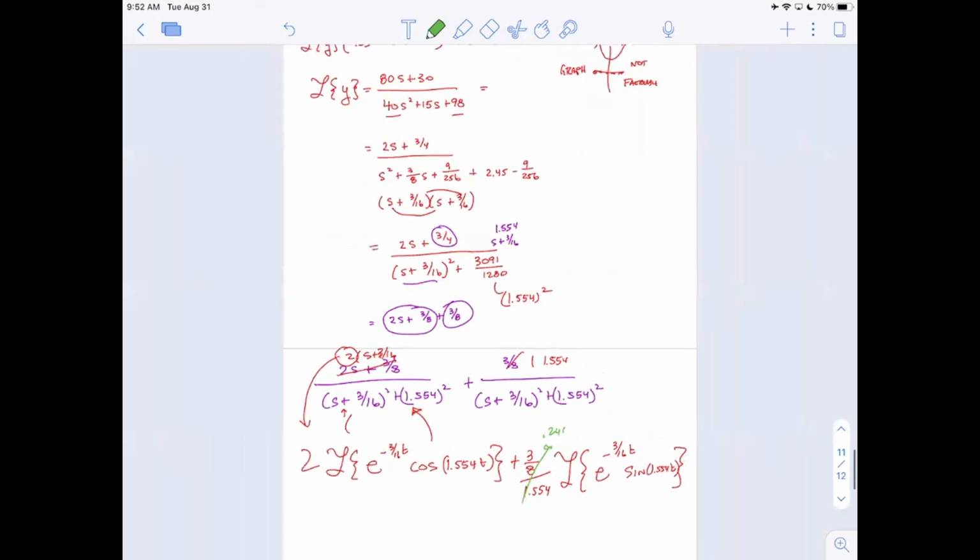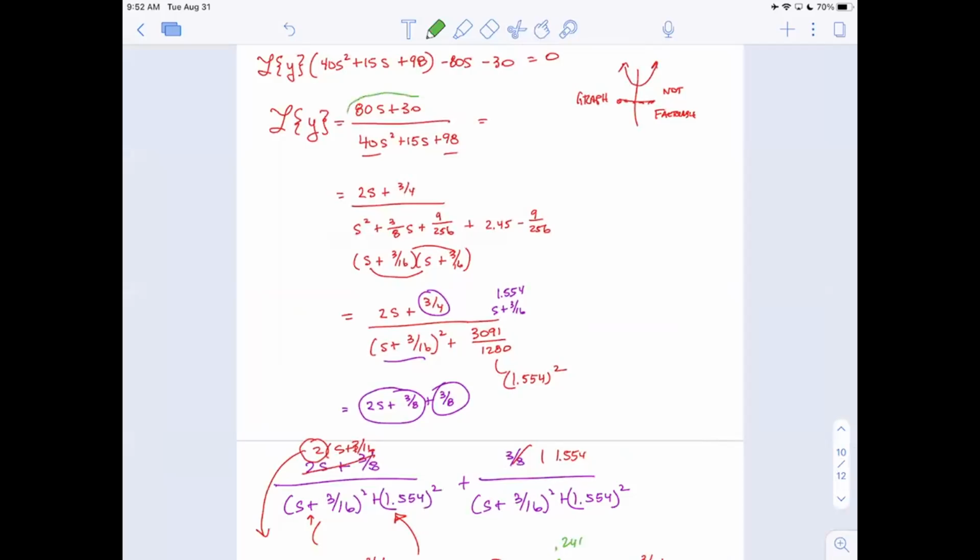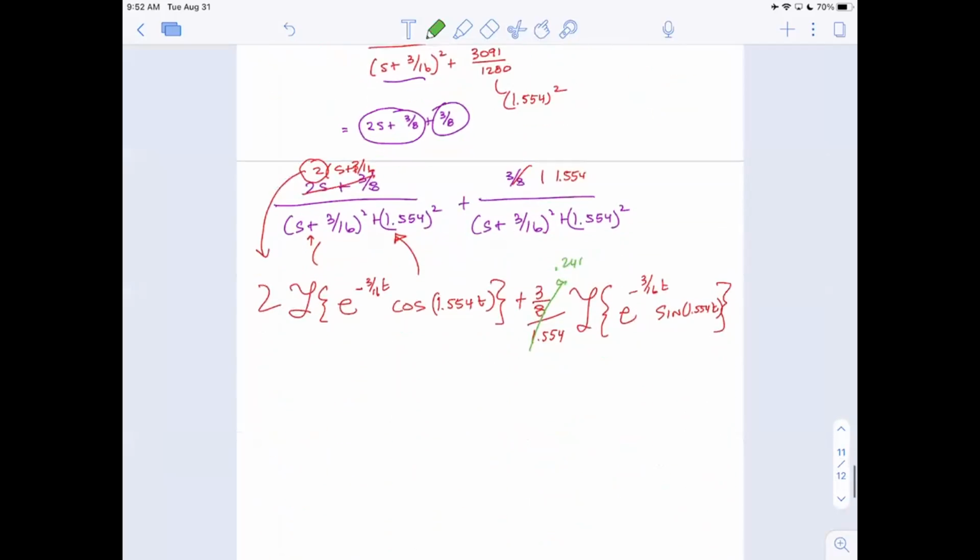So now I can say that instead of the Laplace transform of y being equal to this gobbledygook, it's now equal to 2 times this plus 2 times that. I can take the inverse Laplace transform of both sides to get rid of them. So y is equal to 2e to the, actually let's just factor the e out, since they both have e to the -3/16 t.